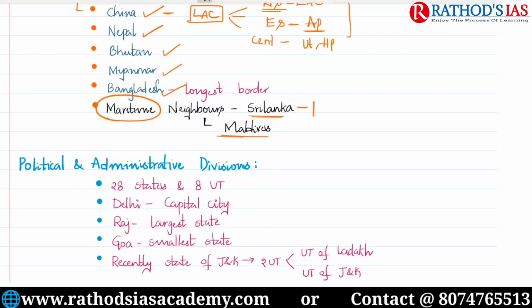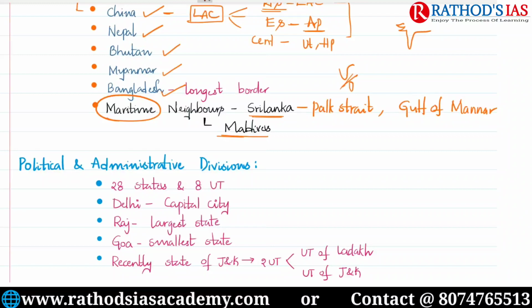So we have the Palk Strait and also the Gulf of Mannar. India is located here and Sri Lanka is located here. So here we have the Palk Strait and Gulf of Mannar. So here you have to remember this.